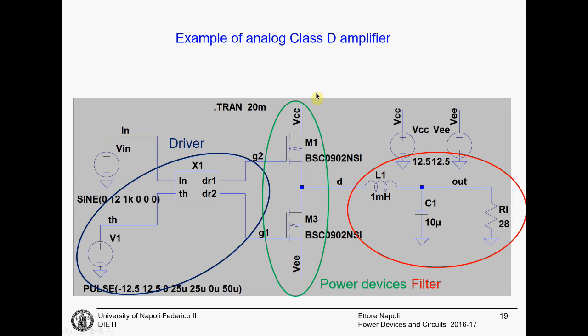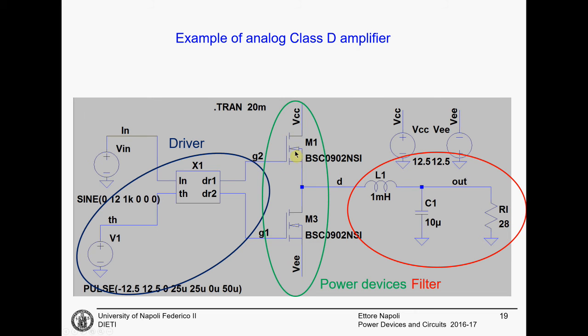The class D amplifier is shown here in the middle with the green oval. It is very simple. There are just two power devices.